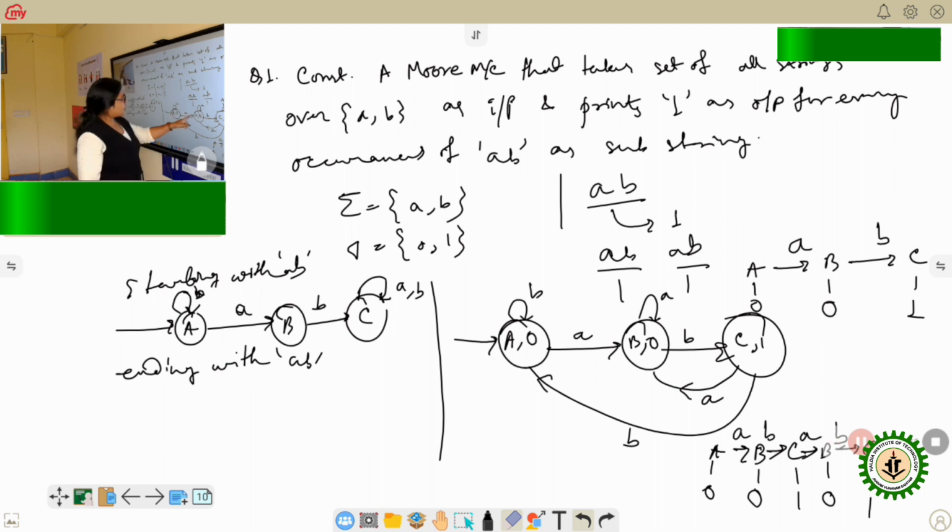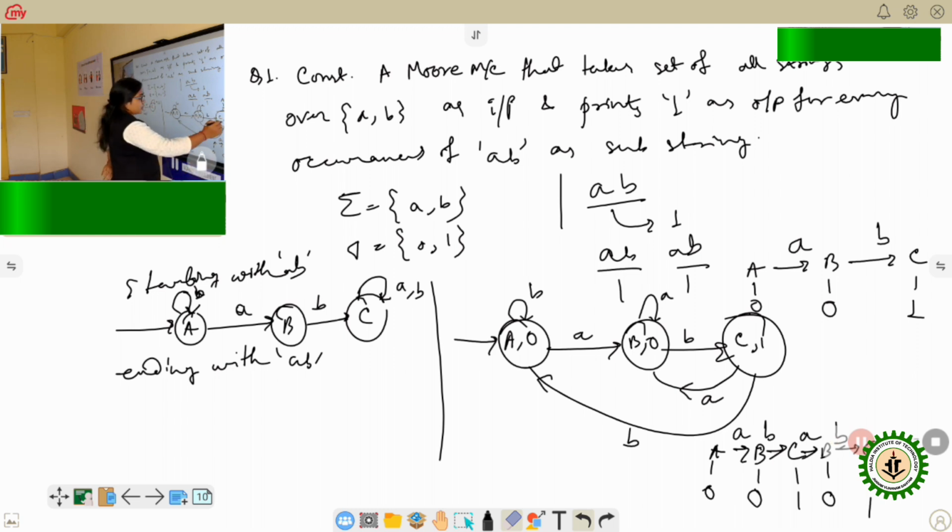Three states are here, A, B and C. It can start with any number of B, then A, then B. The final state is C. It is the accepting state where the string ends with AB. After ending with AB once, if it gets A again, it can go back to state B, and if it gets B, it can go back to the initial state. So this is the exact diagram for ending with AB. And I told you that if I get AB, then it will print 1.